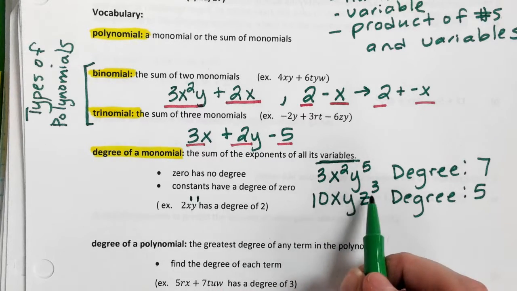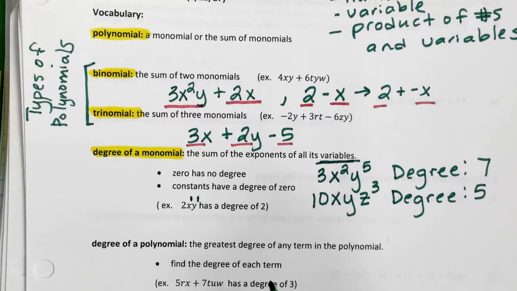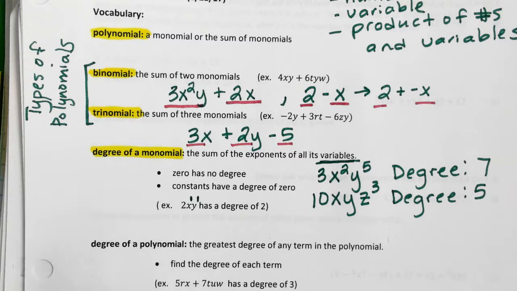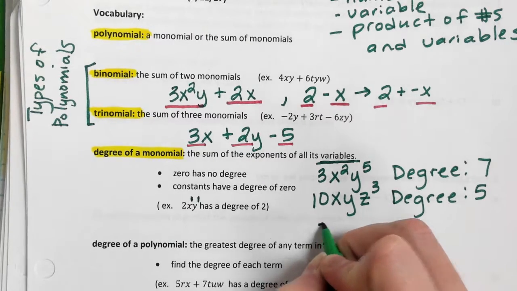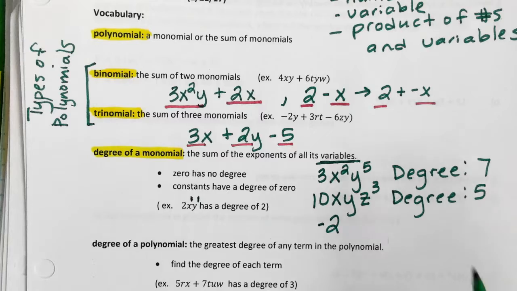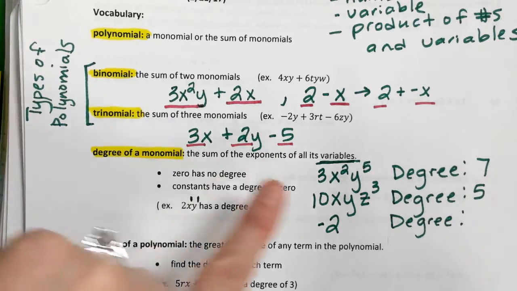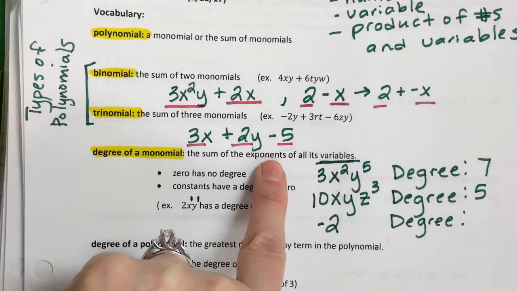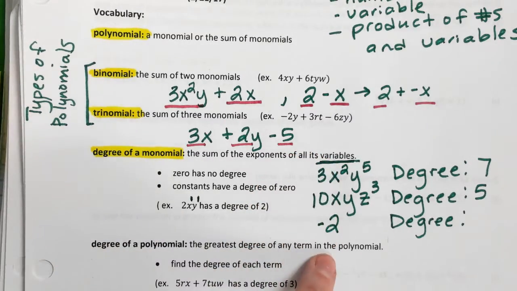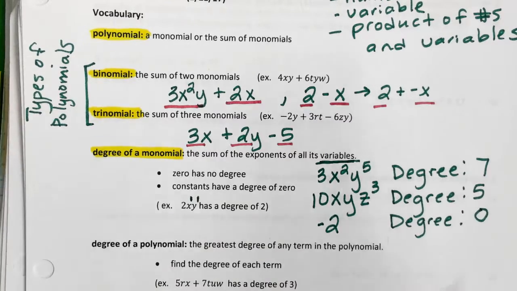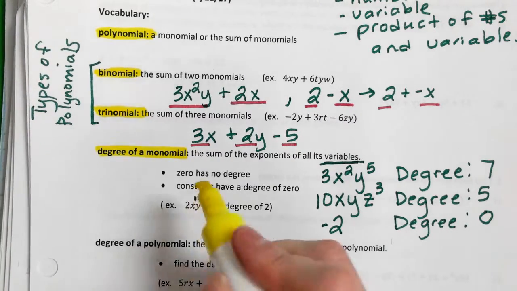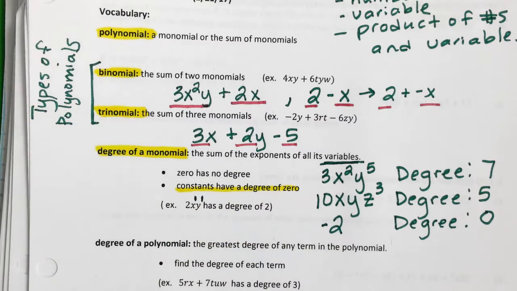Don't look at the constant or the coefficient at all. Only look at the exponents. What about this one? Remember up here I underlined variables? It's the exponents with the variables. So that's 0. It says it right here: constants have a degree of 0.